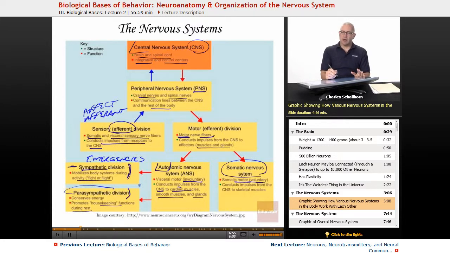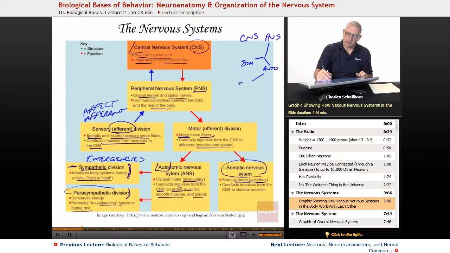And so to give a brief overview, you've got the CNS and the PNS. The PNS is divided into your somatic and your autonomic.